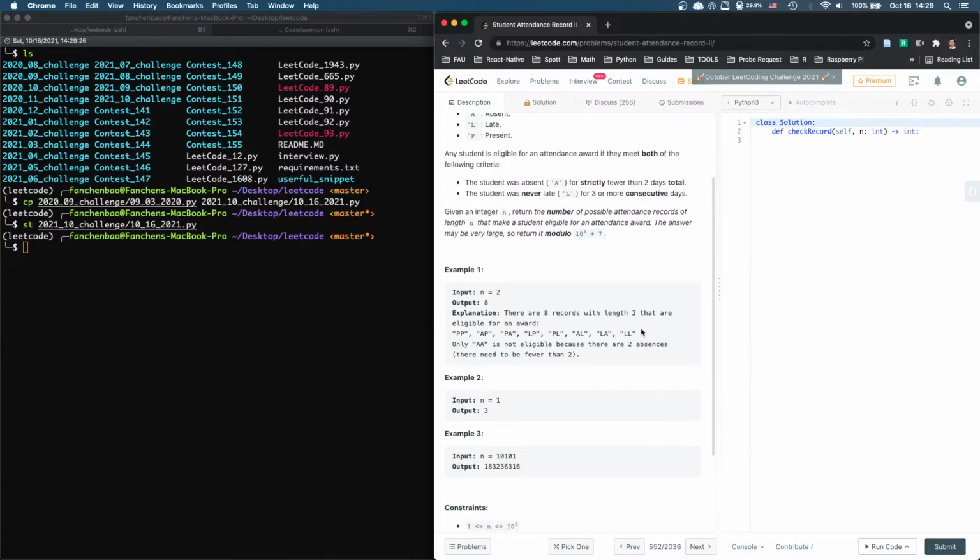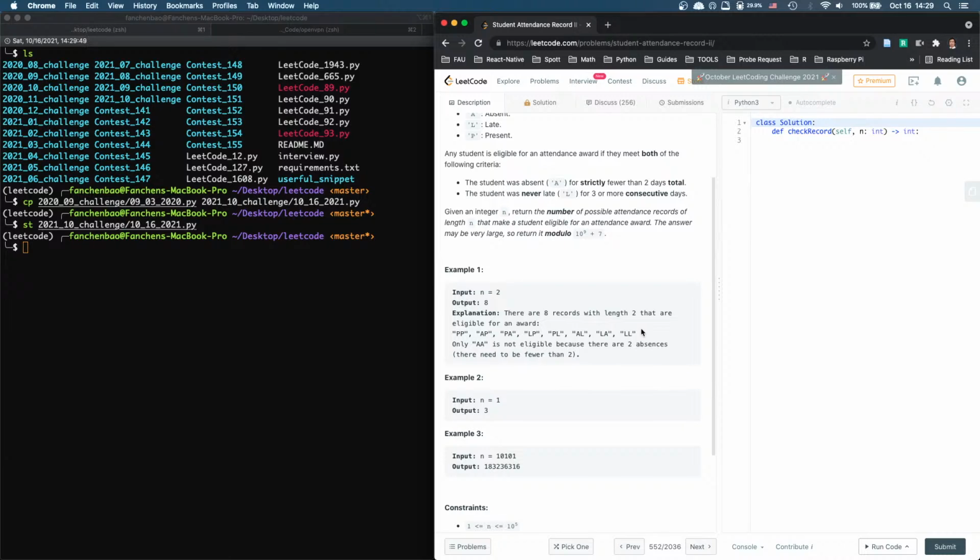If it's L, then the second one has to be no A but L, so that's going to be 4. That makes sense?